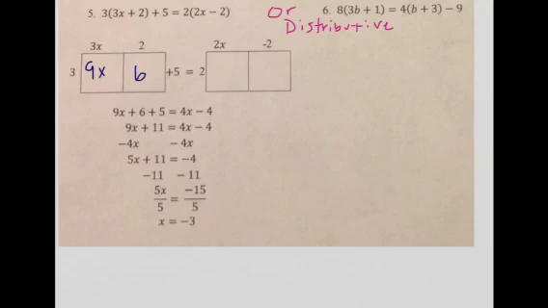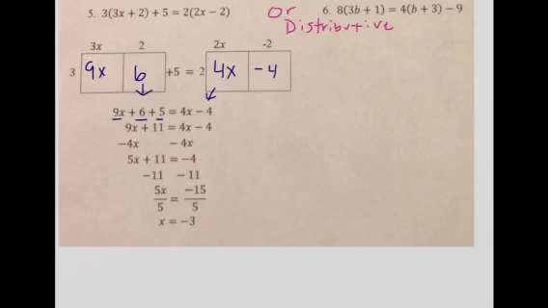And this is going to be 2 times 2x is 4x, and then 2 times negative 2 is negative 4. You'll notice that I brought down my answers. The 9x plus the 6 plus the 5 came from this side, and then the 4x minus the 4 came from this side. Now I'm going to combine like terms, so 6 plus 5 is 11.